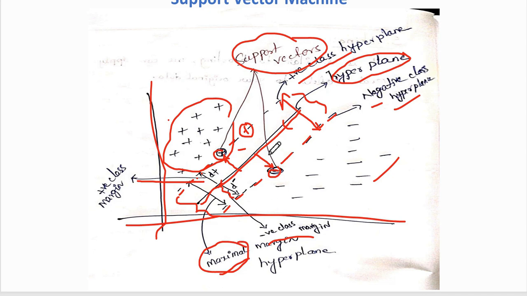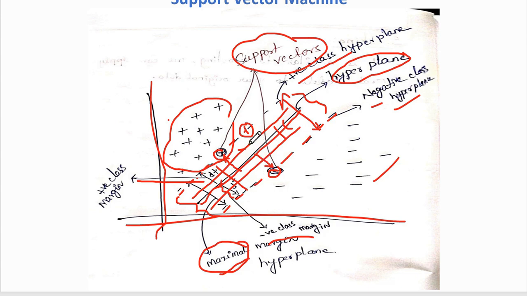If you're getting the maximum margin, then we are getting good performance from the model. For example, if you're getting a lower distance margin, for example if we take the margin like this, this distance may be less compared to this distance.